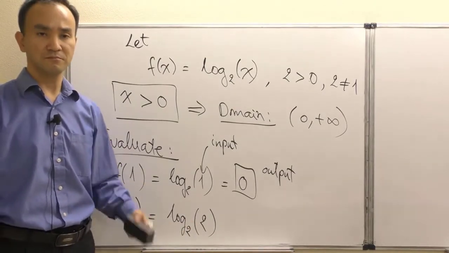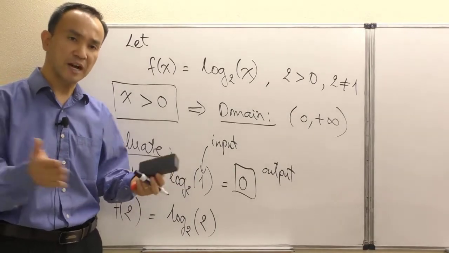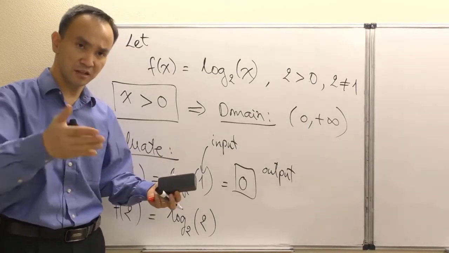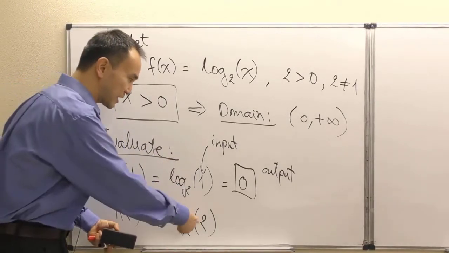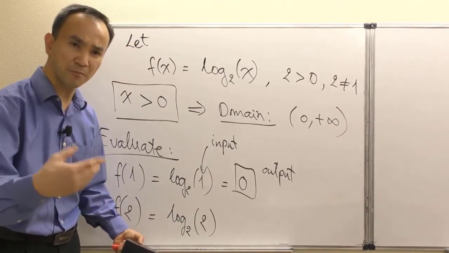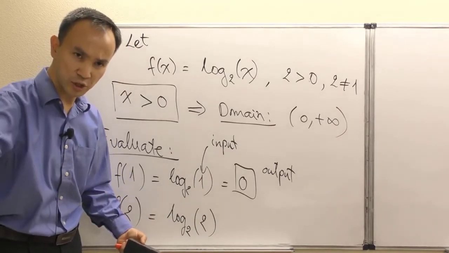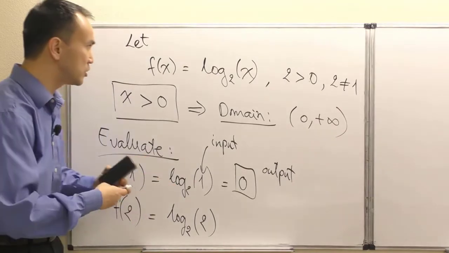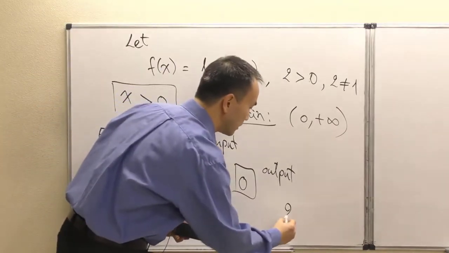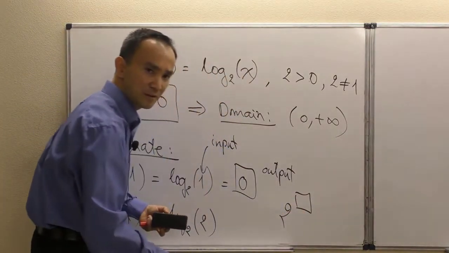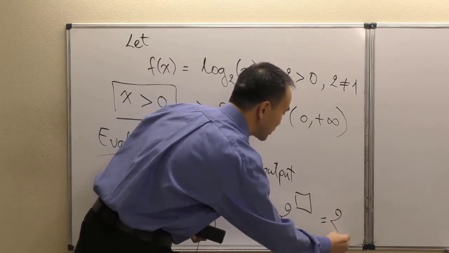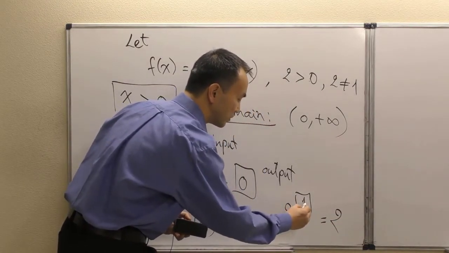Again, we have seen this enough throughout my introduction lecture on the logarithm operation. We're asking ourselves the question: what power of base 2 equals 2? Scratch work again. That power has to be 1.